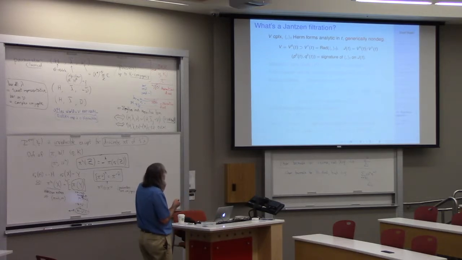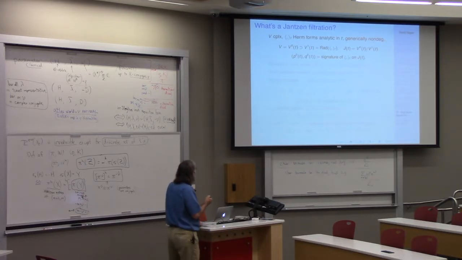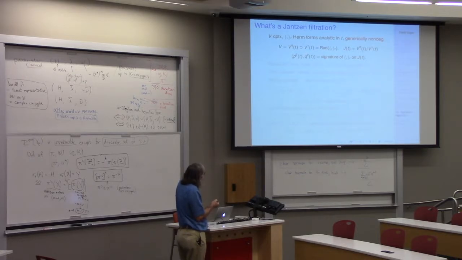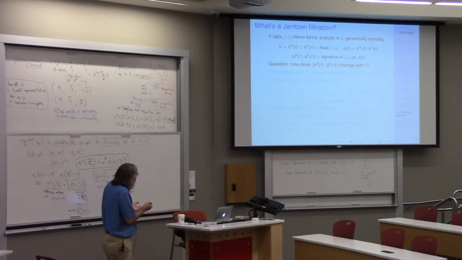Then I want to define, at t, the form will have a radical. So I want to introduce the radical of the form, and I'm always interested in the signature on the quotient by the radical, and I'm interested in how that signature on the quotient varies with t.